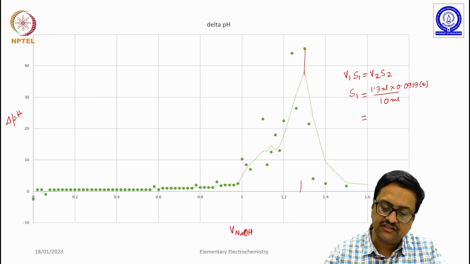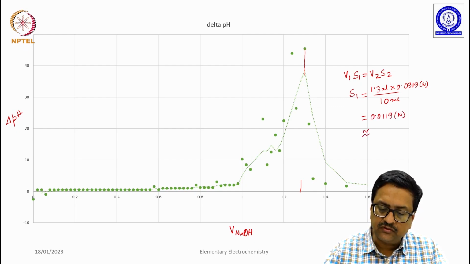Therefore, the concentration of this HCl solution turns out to be 0.0119 normal, which can be equated to 0.012 normal.